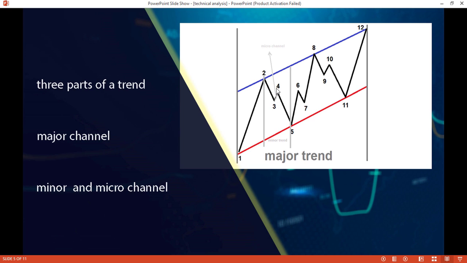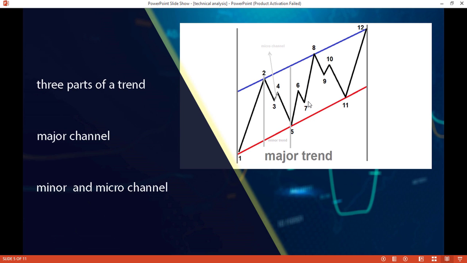From 3 to 4 we have another micro movement, but in most cases we call only number 3 to number 4 a micro movement and micro channel. Or look here, number 6 to number 7 we have another micro movement.